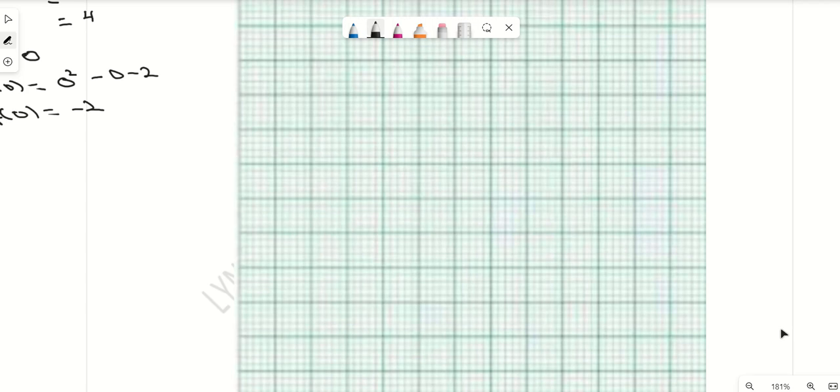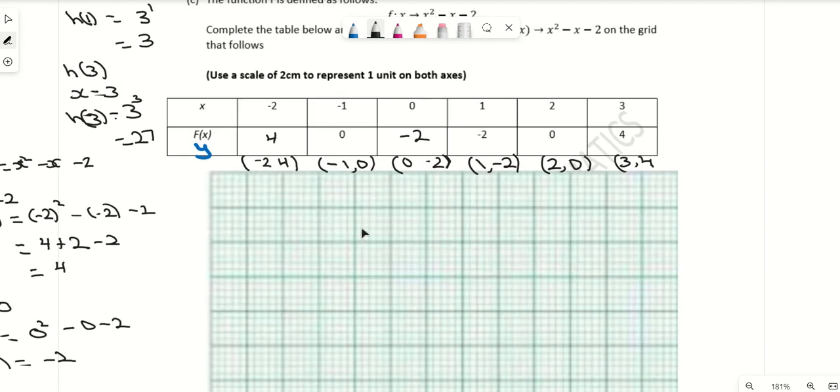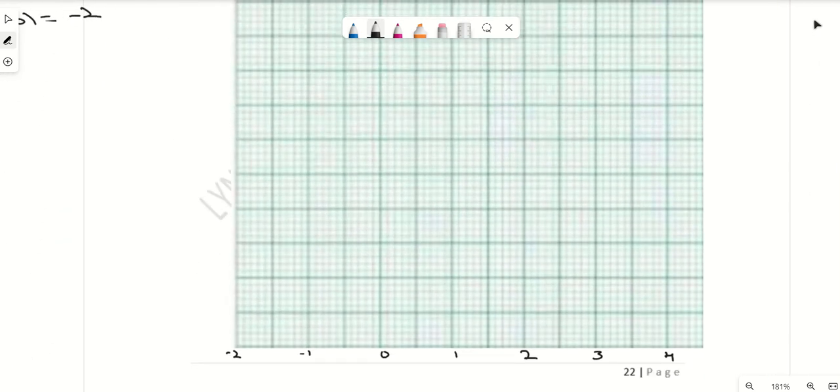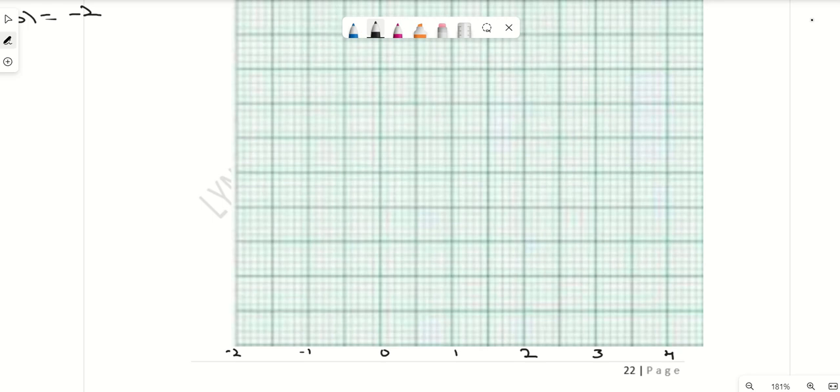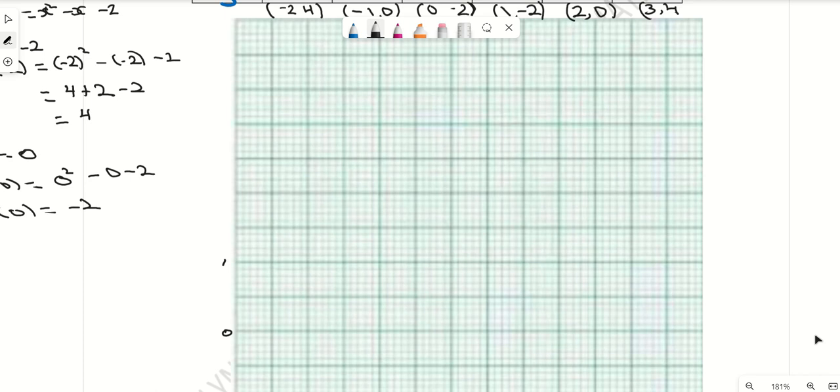And then if we look at our y-axis, the largest is 4 and the smallest is -2. So on our y-axis, we won't start with -2, we'll start with -3. So -3 here, 2 spaces is 1 unit, so it'll be -2, -1, 0, 1, 2, 3, and 4.